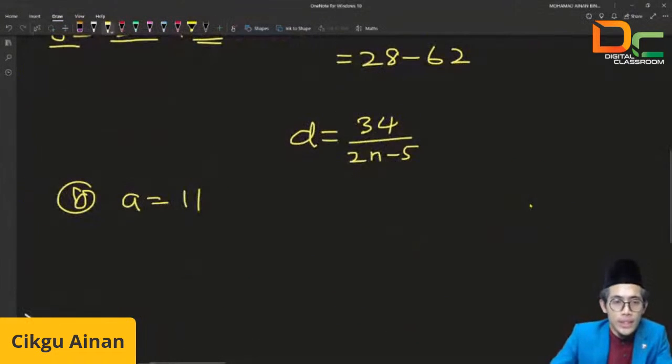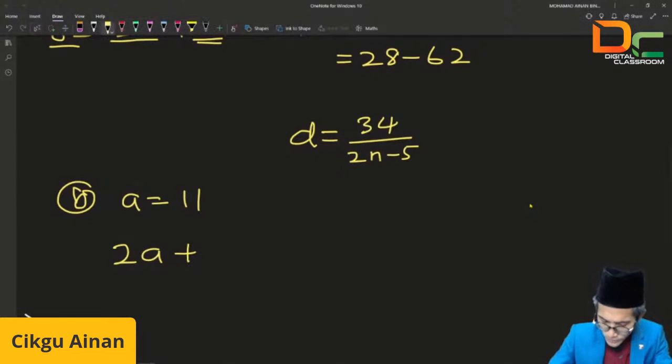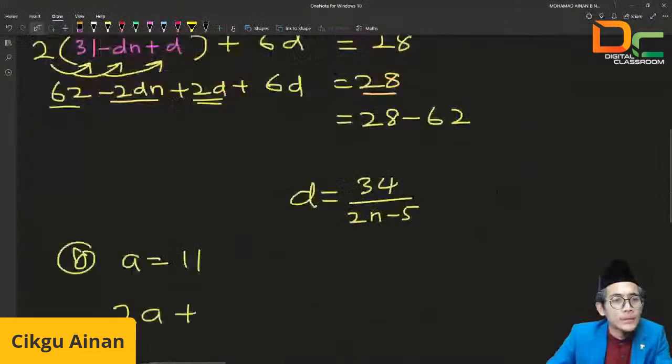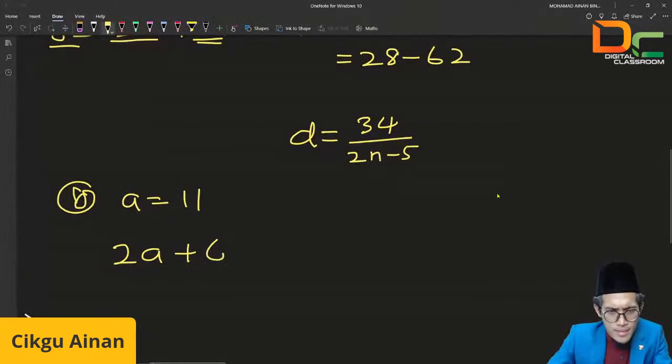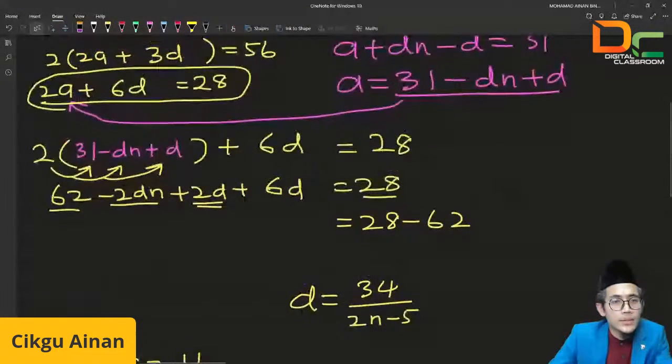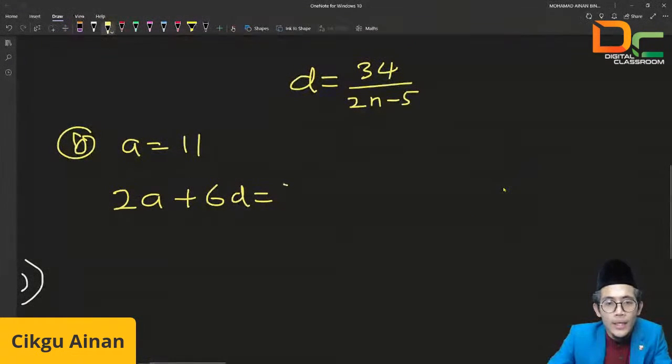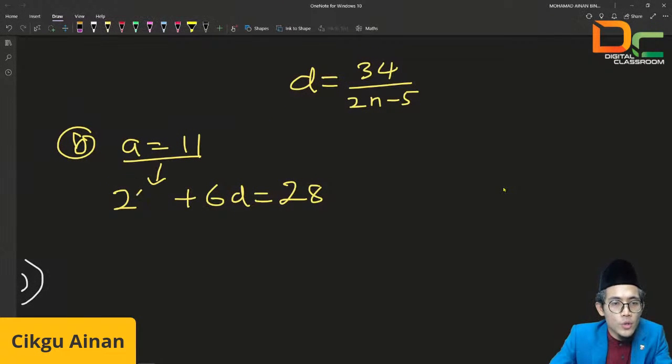2A plus 3D equals 28. Okay, so A over here. So we substitute. So 22 plus 3D equals 28.